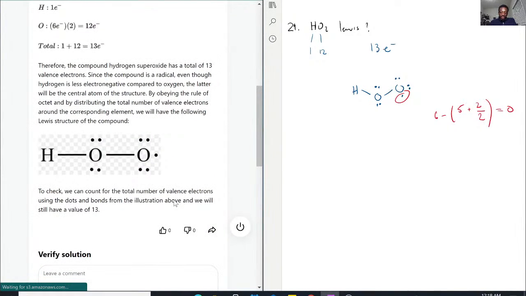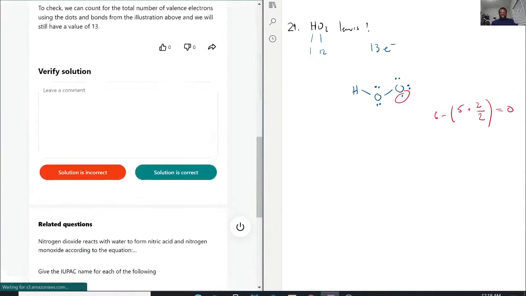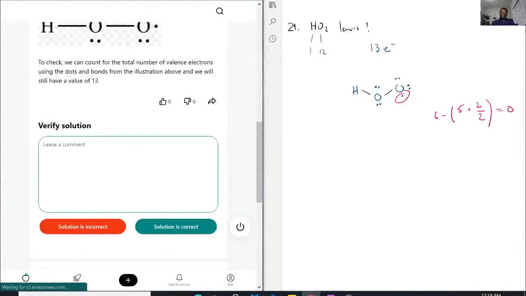So, exactly. We still have a value of 13. There is just one unpaired electron there, and that is its form for hydrogen superoxide. At least that's what they said. Yes. So with this, I think the lesson here really is that if you can't make it work, don't force it.